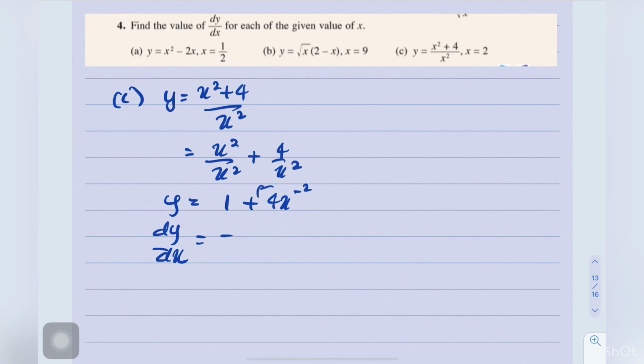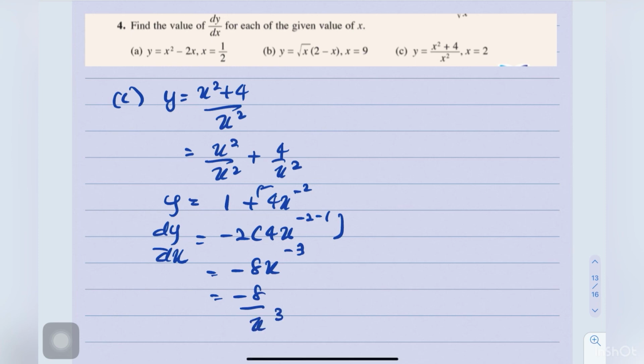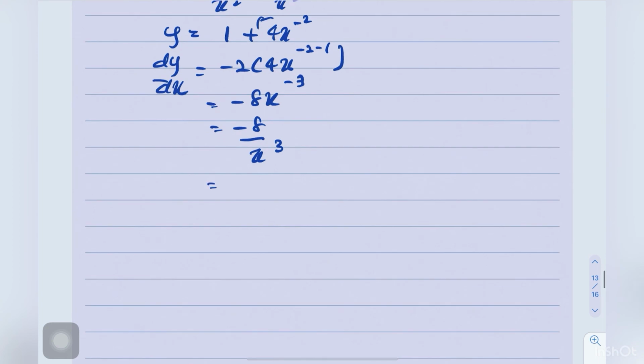So this one is negative 2 times 4x^(-2-1), so negative 8x^(-3). So negative 8 over x cubed. So x equals 2 into dy/dx. Negative 8 over 2 cubed is negative 1.